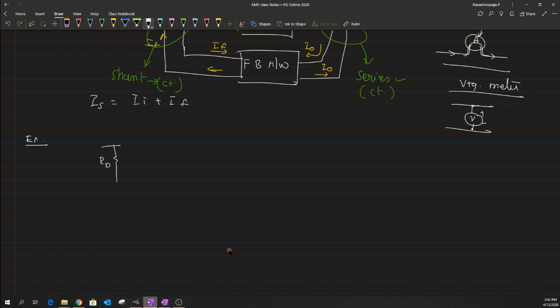So I have a resistance RD and then Q1, we have a VI, a VG, so Q2, Q1, and there is RF.